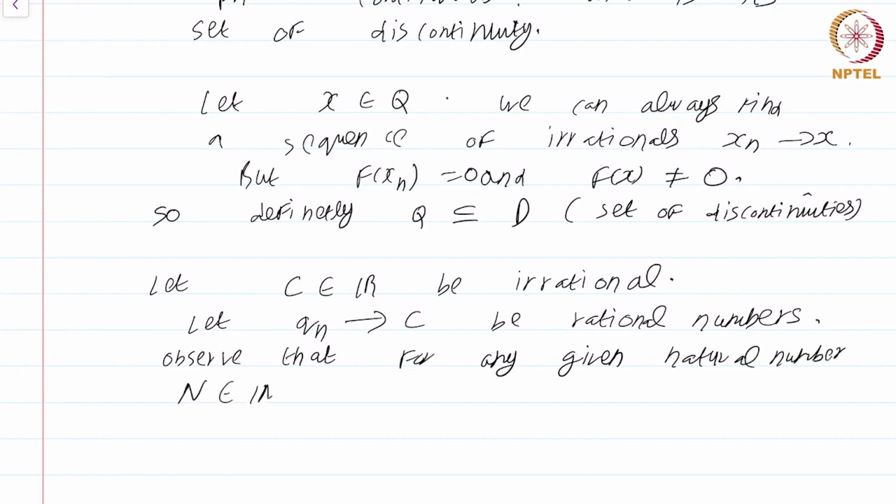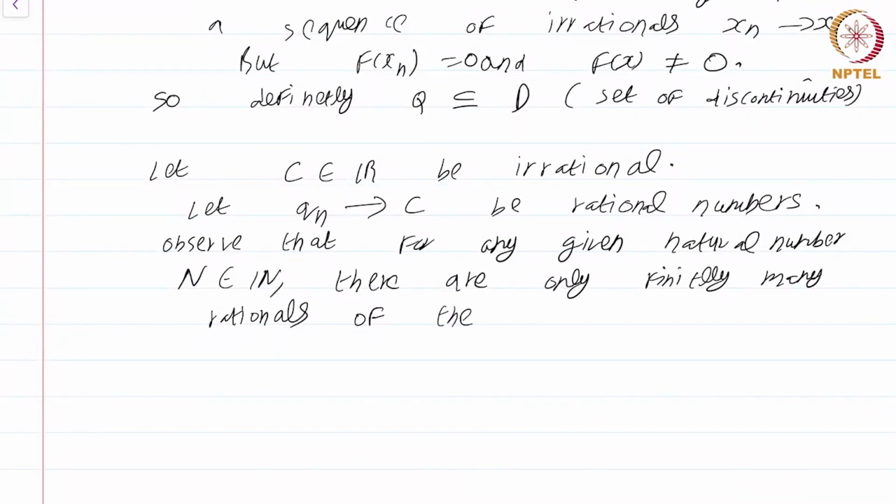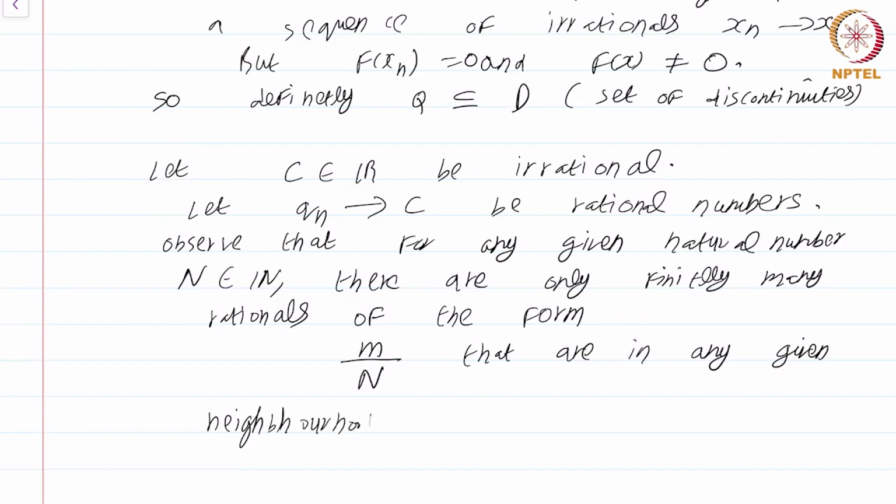there are only finitely many rationals of the form m by capital N that are in any given open interval around c.